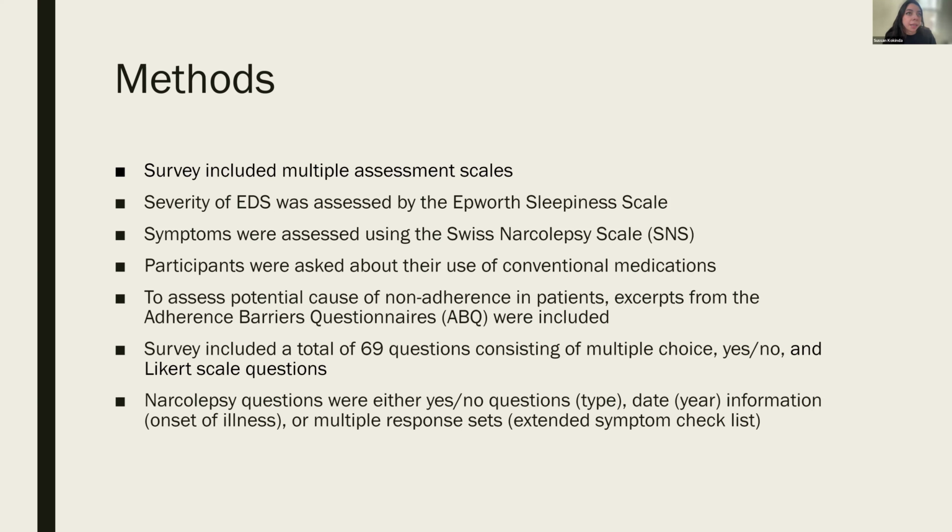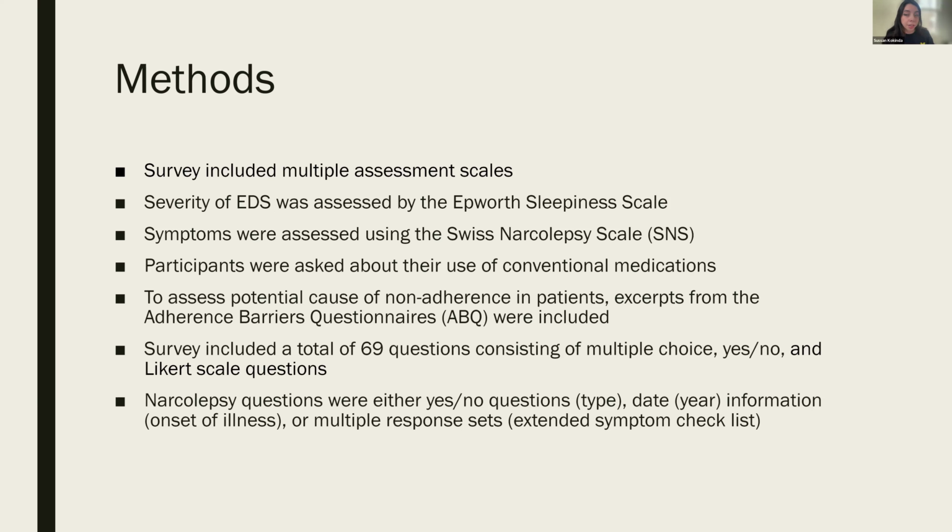In addition, the patients were asked if they use conventional medications and if they were adherent to that medication. They did assess adherence using the ABQ questionnaire, or the Adherence Barrier Questionnaire.